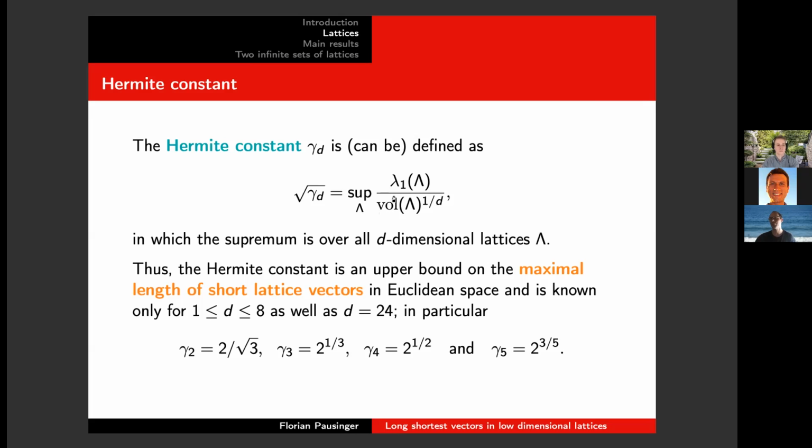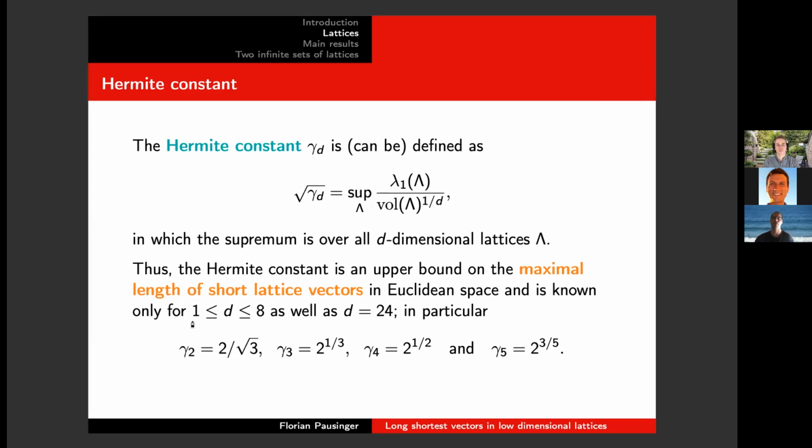So basically, this is a normalization because you go over all the lattices. You look at the shortest vector divided by the co-volume of it. And this is a very interesting constant. It's an upper bound on the maximal length of short lattice vectors in Euclidean space, and it is only known for very particular dimensions.